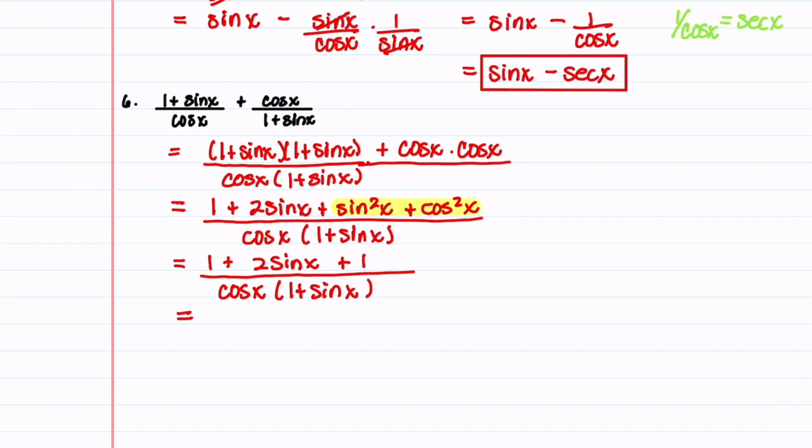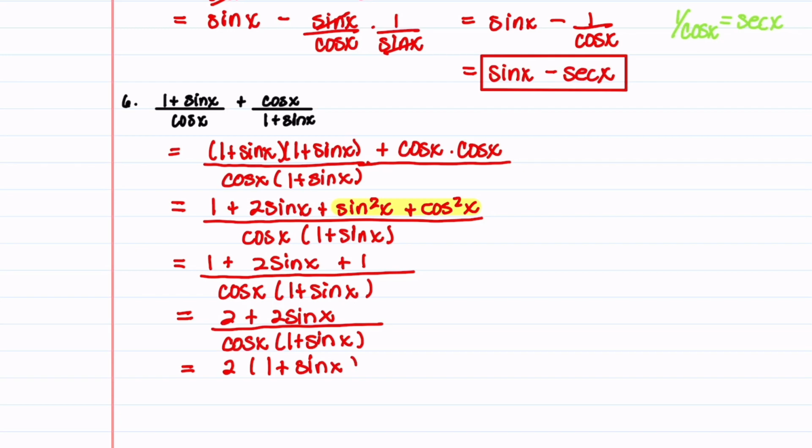Let's now combine the ones. So this is 2 plus 2 sine x, all divided by cosine x times 1 plus sine x. We can see that we can take a 2 out of each term in our numerator. So let's pull that out. So this is 2 times 1 plus sine x.